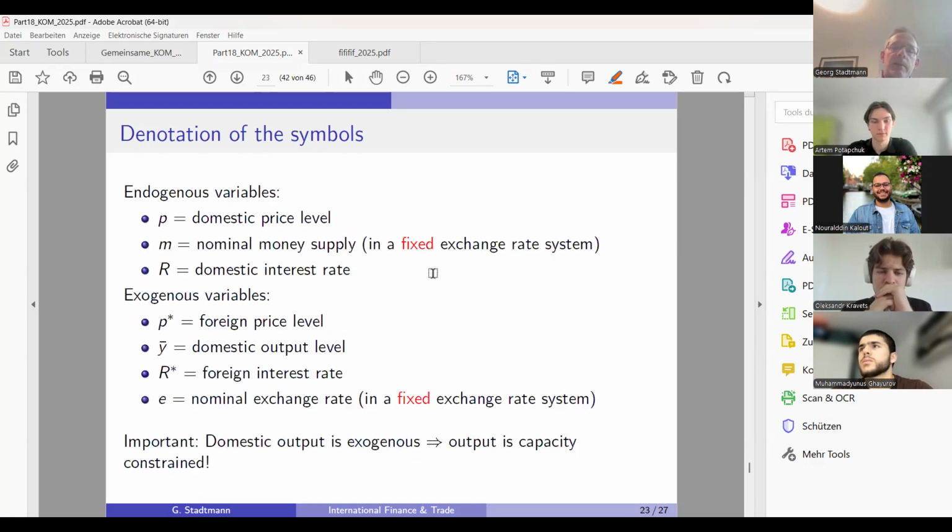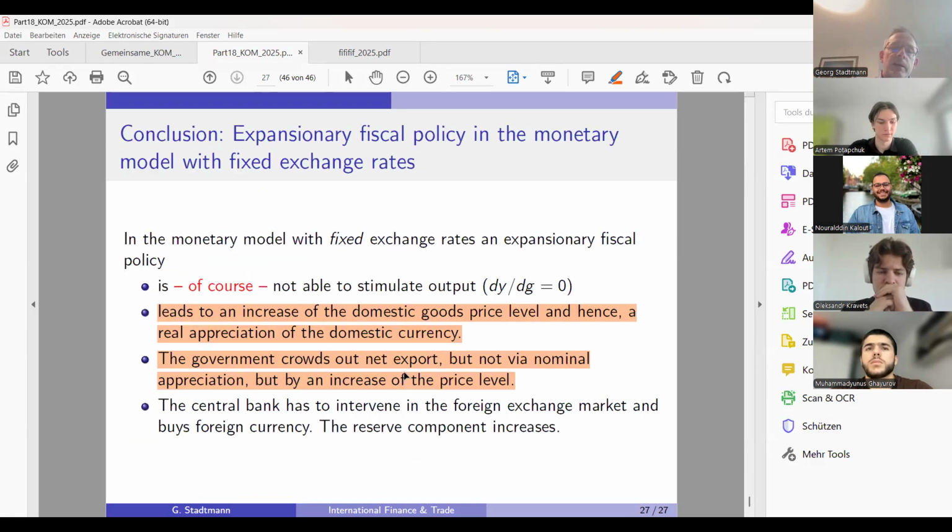Also here, as we said on the last slide, the government is crowding out net exports, but not via the nominal exchange rate E, but by an increase of the domestic price level. So also here, the foreigners are going shopping elsewhere, and the structure of GDP changes. The government is taking a larger piece of the cake, and the foreigners are taking a smaller piece of the cake.